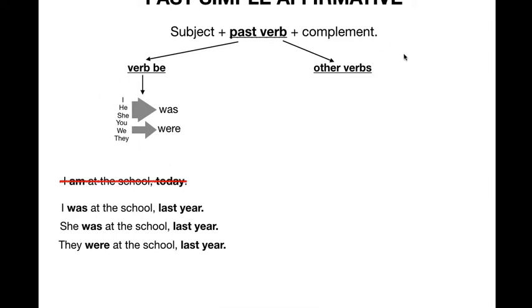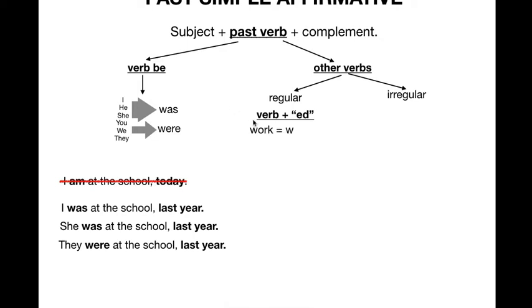Now, let's see the second category, that is the rest of the verbs. The rest of the verbs are divided into 2 categories also, the regular and irregular verbs. Do you remember the difference here? Well, regular verbs are the ones where you add ed at the end when you want to convert the verb into the past form.